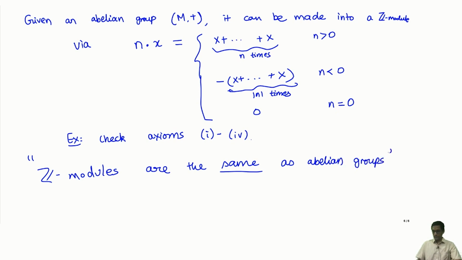In other words, given a Z module, I can look at the underlying abelian group and given any abelian group I can make it into a Z module in this manner. So that's our first example of a module which is not a vector space. Next time we will look at another example which is slightly more non-trivial than this one.